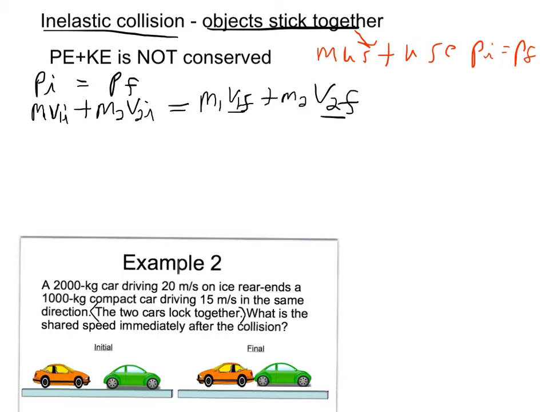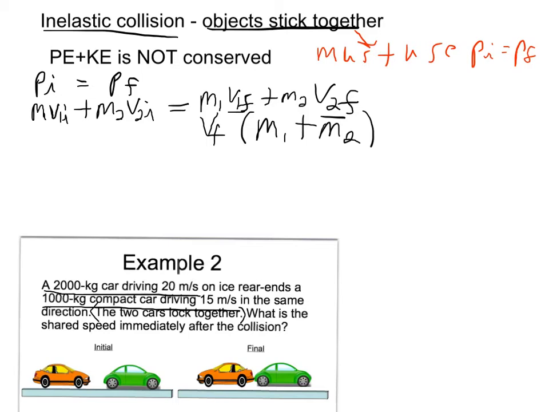So we can call that the final velocity since it's the same for both of them, and factor out that v_f. Now we can see if there's something we can eliminate from the beginning. A 2,000 kilogram car driving at 20 meters per second, so that's m1 v1i. And a 1,000 kilogram car driving 15 meters per second in the same direction.